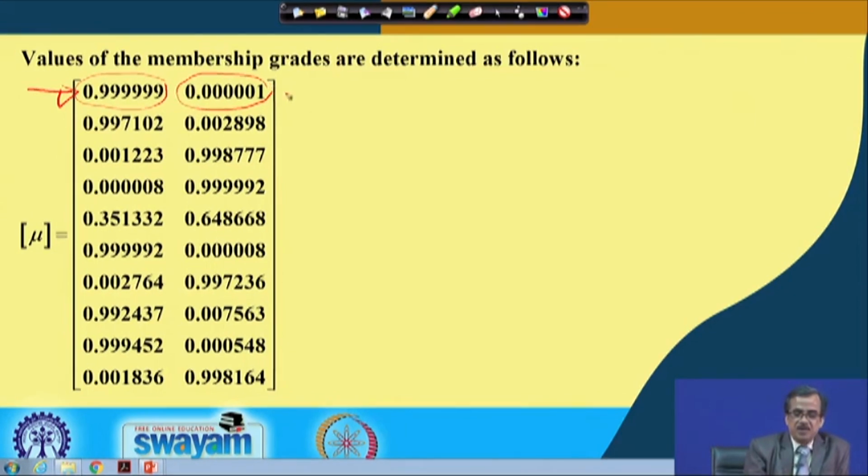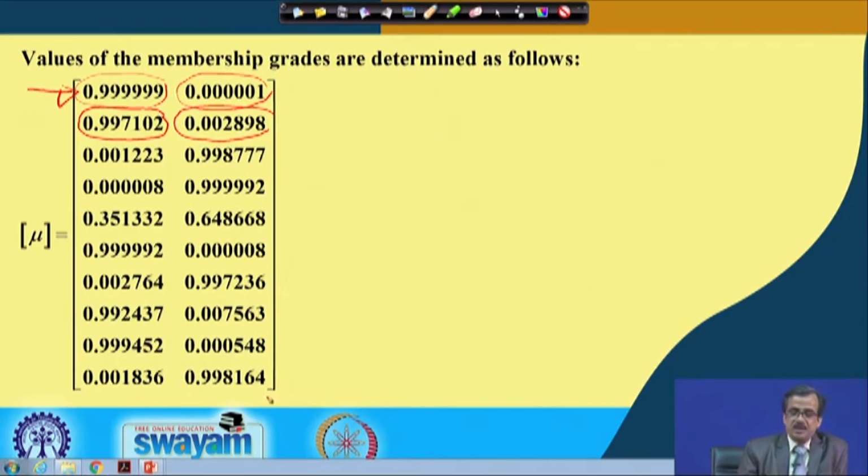The sum of their values is equal to 1.0. This shows the membership value of the second data point with the first cluster, the membership value of the second data point with the second cluster, and so on.